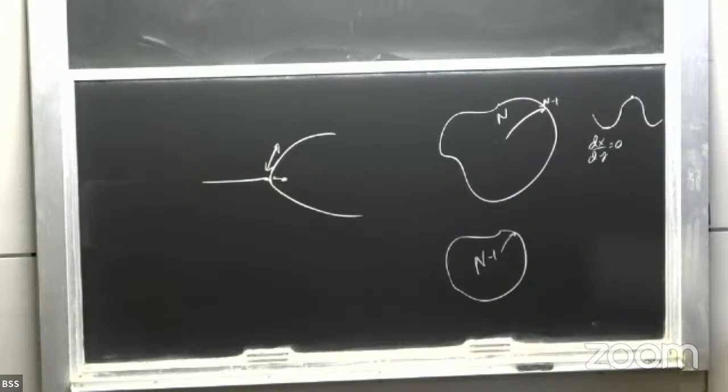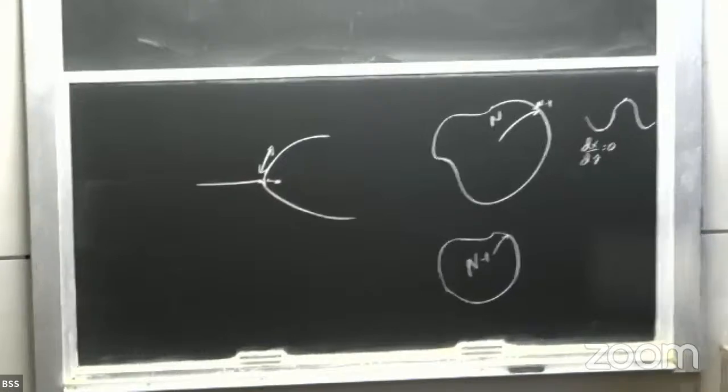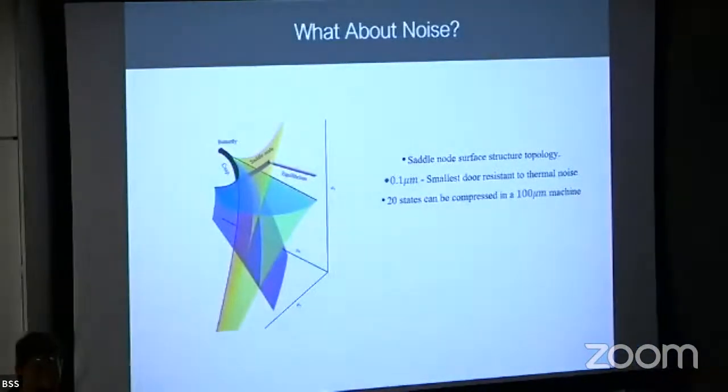Okay, so we've thought a little bit about noise in these systems, and the calculations that we've made say that if your system is about 100 nanometers, that's the smallest that we can make it without being too affected by thermal noise. In a 100 micron machine, we can create 20 states.